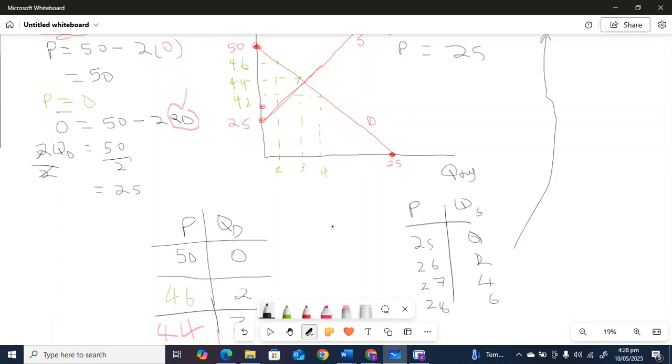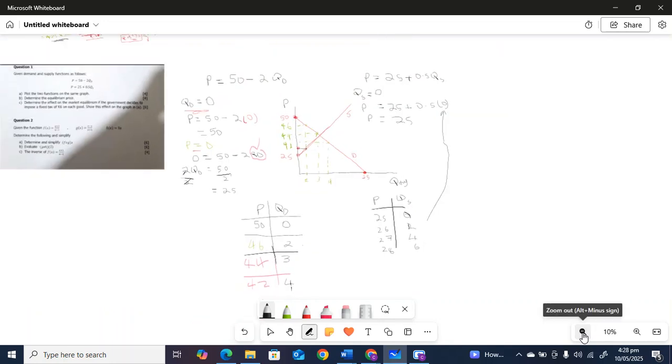So when QS is 2, the price is 26. When QS is 4, the price is 27. And then you continue plotting and you get an upward sloping graph. Any questions, colleagues? That's how you plot these supply and demand graphs.